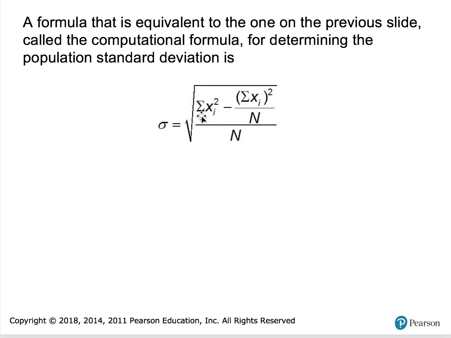Notice the difference in this terminology. This one is saying sum up all the squares of the values. This one is saying take the sum of all the values and then square it, right? So be really careful about the difference in our notation.